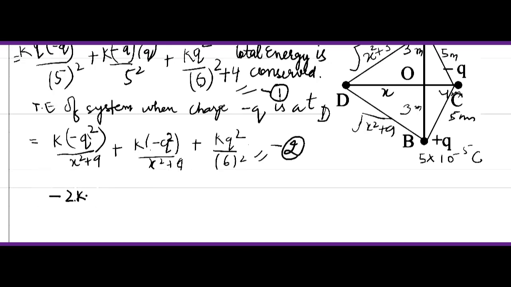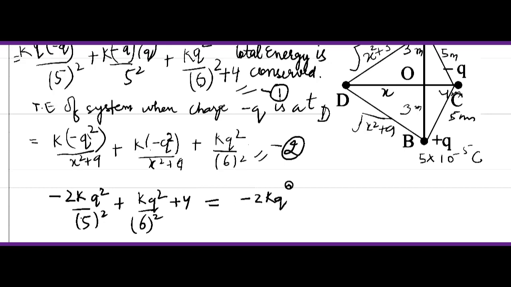So we are writing equation number 1 here: minus 2kq square upon 5 square plus kq square upon 6 square plus 4 is equal to minus 2kq square upon x square plus 9 plus kq square upon 6 square. The kq square by 6 square terms will cancel out, and the 2 will cancel out.